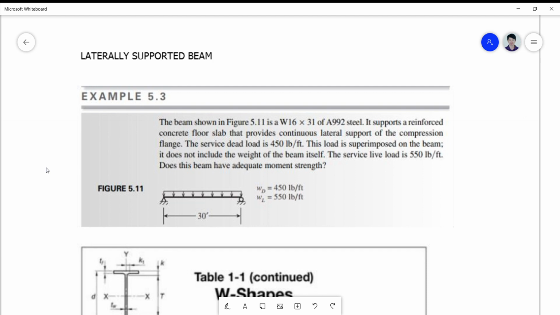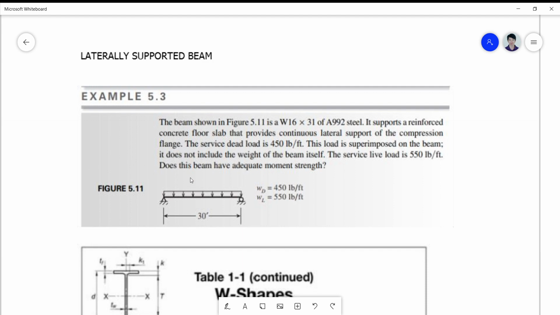Okay, class, so let's solve this problem on laterally supported beam analysis. So we have here the figure, and it is actually a simply supported beam problem using a W16 by 31 A992 steel loaded as shown by the service dead load and the service live load.